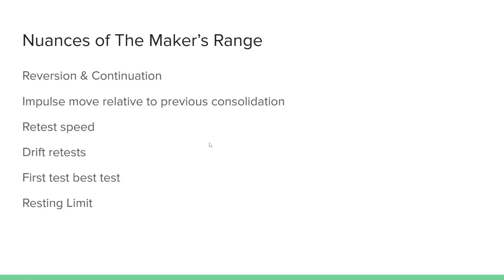First test, best test. If you're trying to take a second test of a previous consolidation, it's not going to work as well as the first one. That's where most of the participants are still going to be interested in getting orders filled. So really, we're only looking for a first test. Resting limit, like with the wick test, you know the entry level you want to enter on, you can just leave a resting limit there and get filled when price comes back.